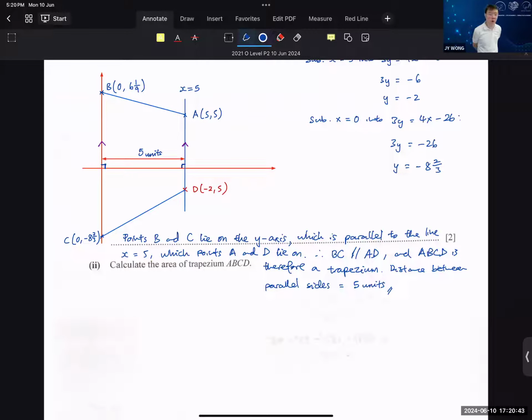Okay, that's the rationale. So it's actually a horizontal distance between the parallel sides. So 1 mark for showing that BC is parallel to AD. To do that, you must give me the coordinates of point B, point C, and point D.